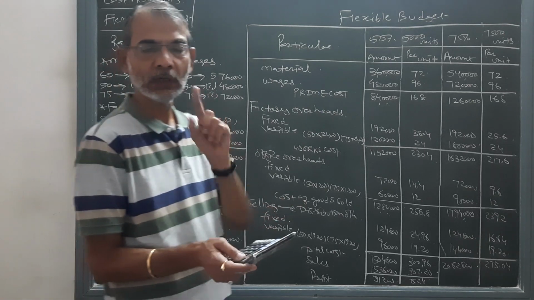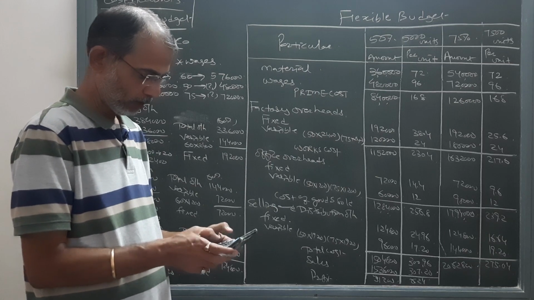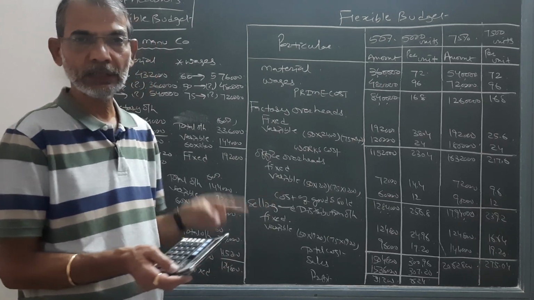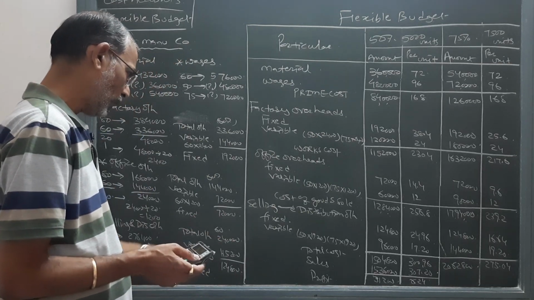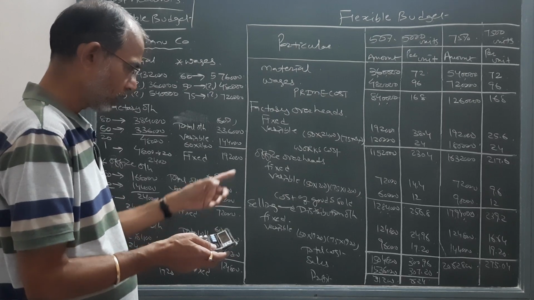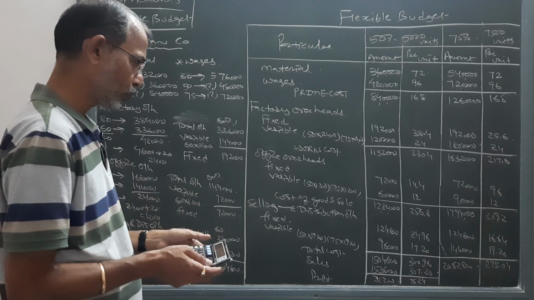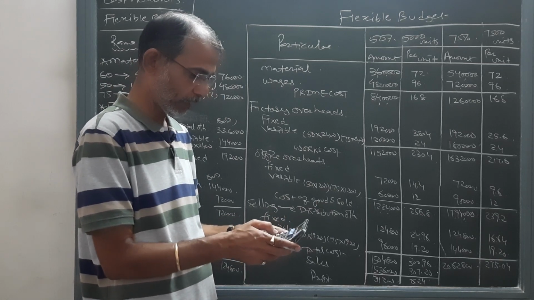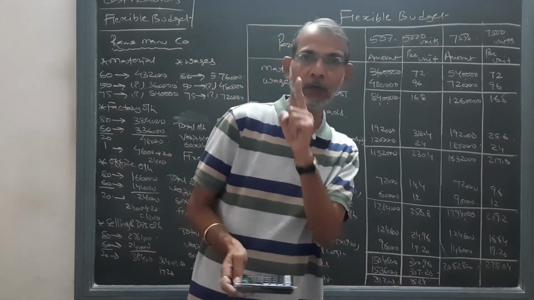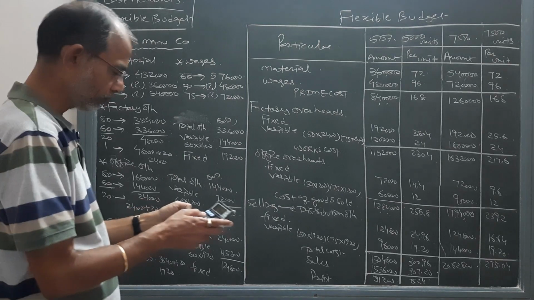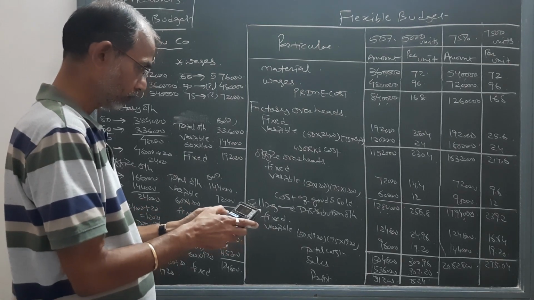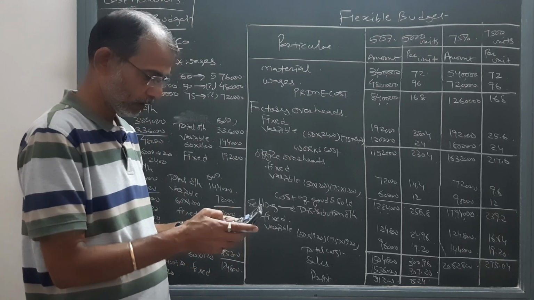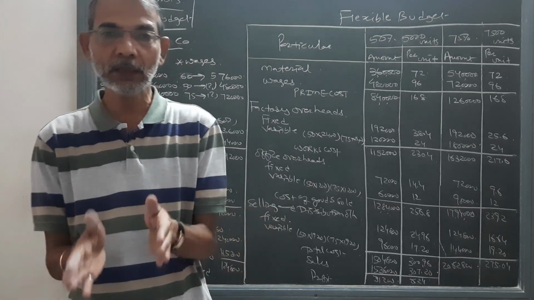So fixed are 1,24,800 divided by 5,000, 24.96, while for another capacity that was 16.64, while variable 50 into 1920, 96,000 divided by 5,000, 19.2, 19.2 into 7,500, 144 plus 124,800 plus 17 lakh 94,000, 20 lakh 62,800 is the total cost at 75% capacity, while 15 lakh 4,800 is the total cost at 50% capacity, and profit is 31,200.